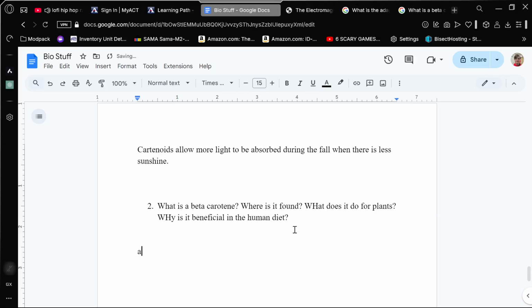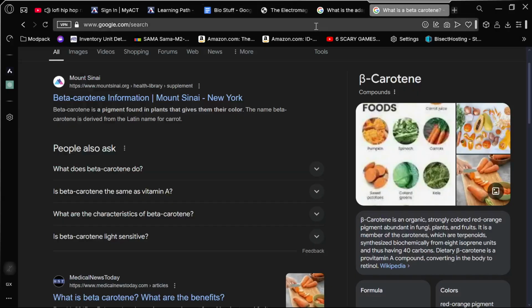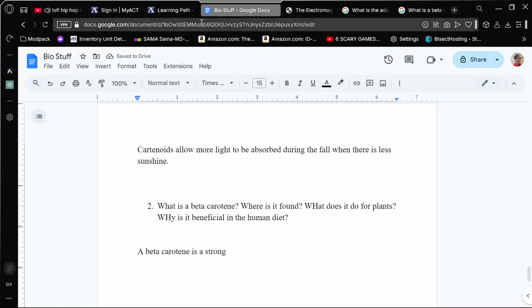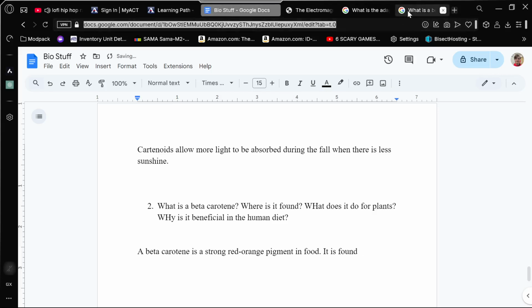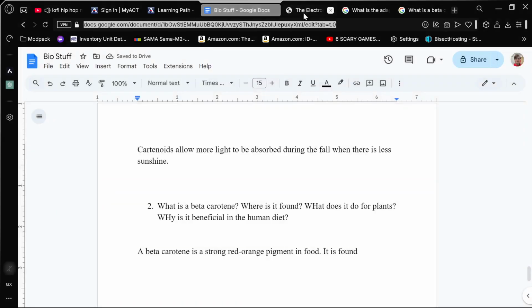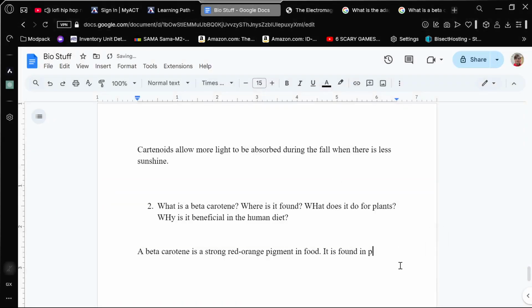So a beta carotene is a strong red-orange pigment in food. It is found in plants to give them their color.